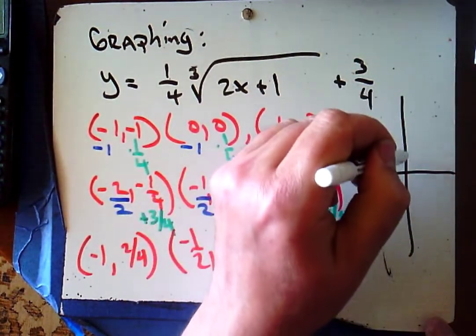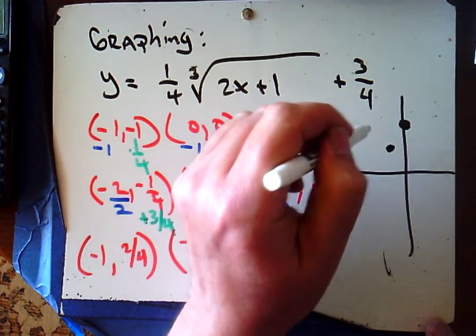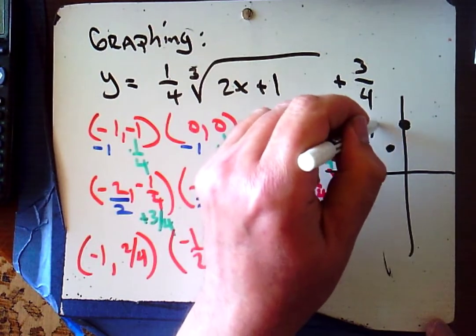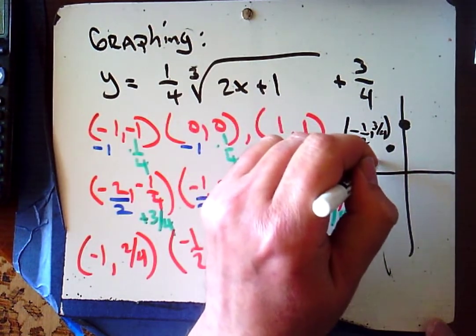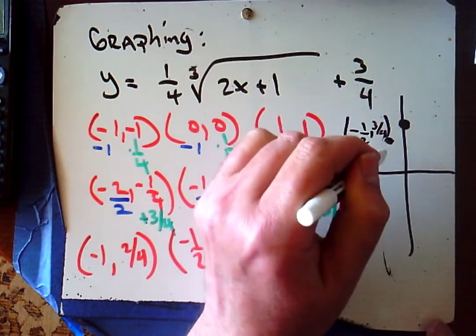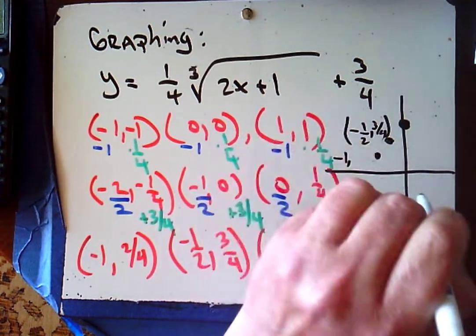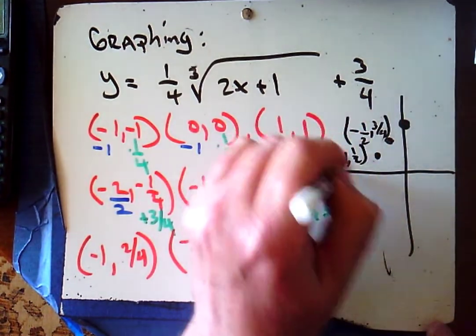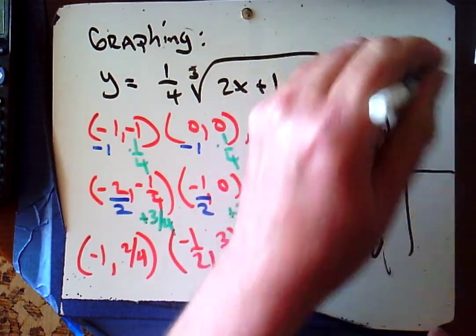I'm going to plot those points, 0, 1, -1/2, 3/4, and that has to go a little higher. So does that. And then this is -1, 1/2. And then don't forget to draw in that characteristic shape.